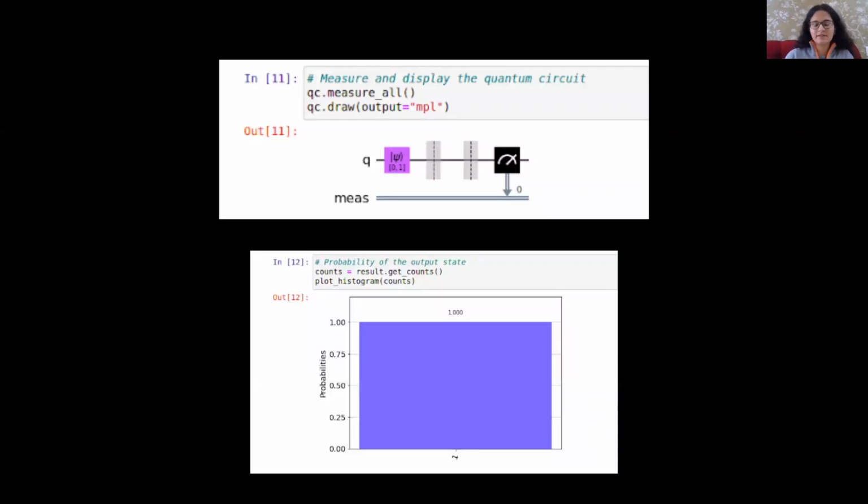So similarly, we can represent any qubit state on the Bloch sphere as well as using a circuit, and understand it using the histograms and other things that we've used till now.